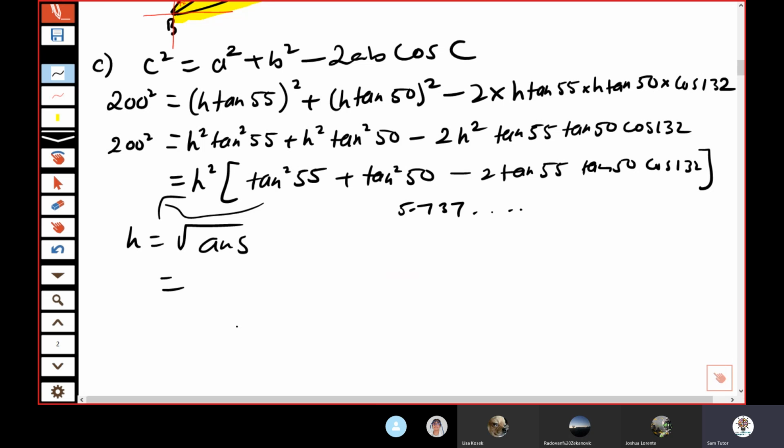Then we're going to go 200 squared divided by answer, square root it. Hopefully you guys get about 83.5. Great work.